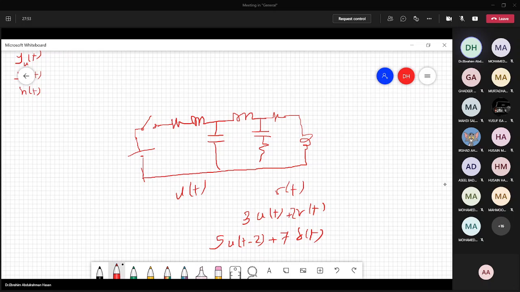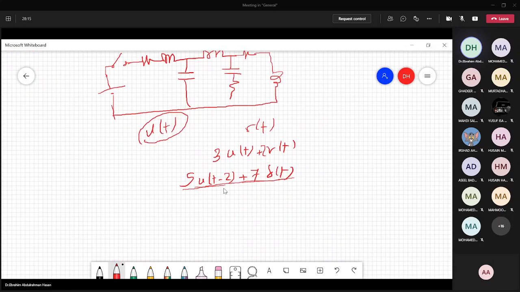No, you don't need to do this, because we call it a linear system. So it is enough to solve it only for a step, or for a ramp, or for a delta. Then for all other inputs, you can solve it easily. How to do this? This is a shift, this is multiplication, this is addition, which means that we shift it and we scale it.